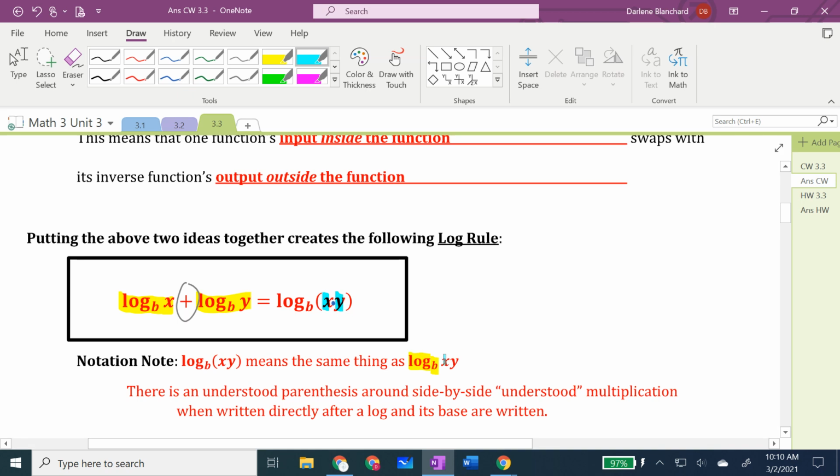If you have side-by-side understood multiplication, as soon as you come up from the subscript, there's an understanding that there is a parentheses around that, and that the order of operation is if you plug numbers into the x and the y, you first do multiplication, and then you take that answer and it goes into the logarithm.